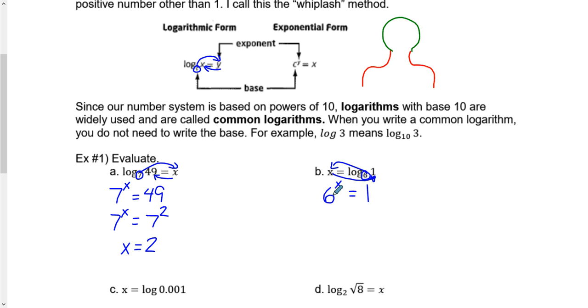Well, 6 to the power of what gives you 1? Remembering that 1 is actually any number to the power of 0. So x equals 0.